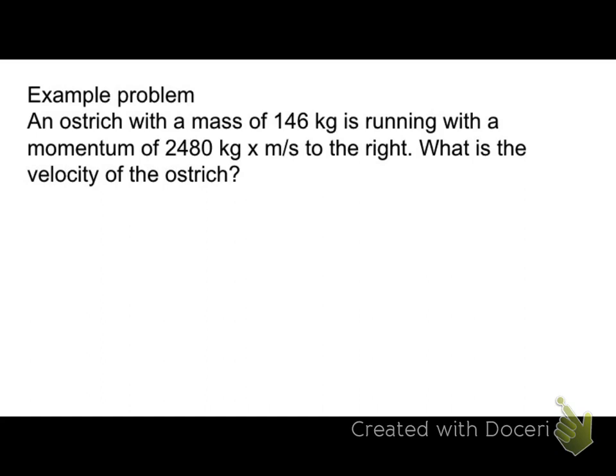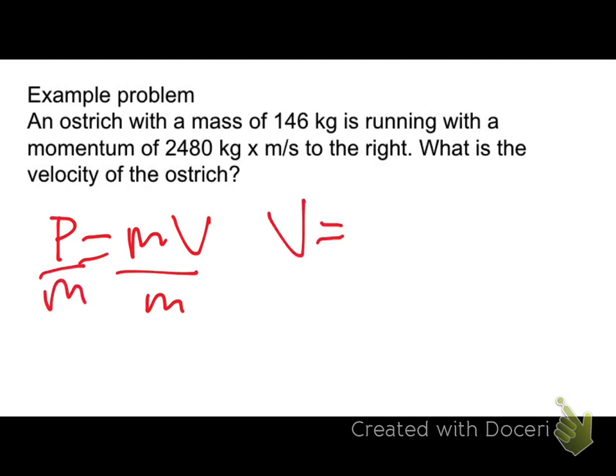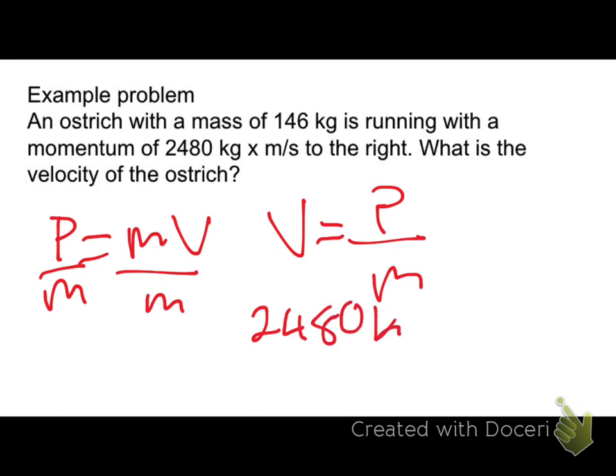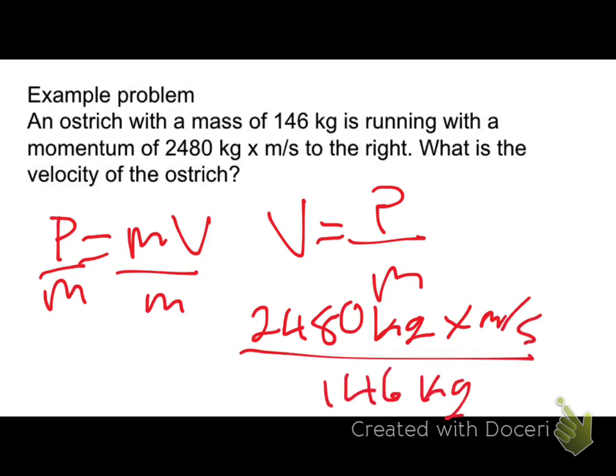So to do this, we're going to use the equation momentum is equal to mass times velocity, but we're lacking velocity. That's what we want to solve for. So we'll just manipulate this to be the equation velocity is equal to momentum divided by mass. So we should be able to take the momentum, 2,480 kilograms times meters per second, and divide it by 146 kilograms.